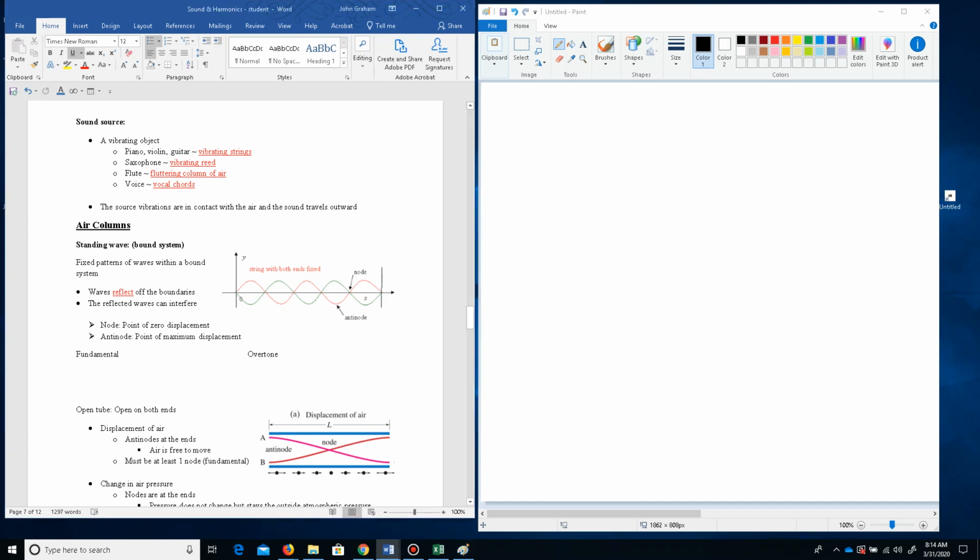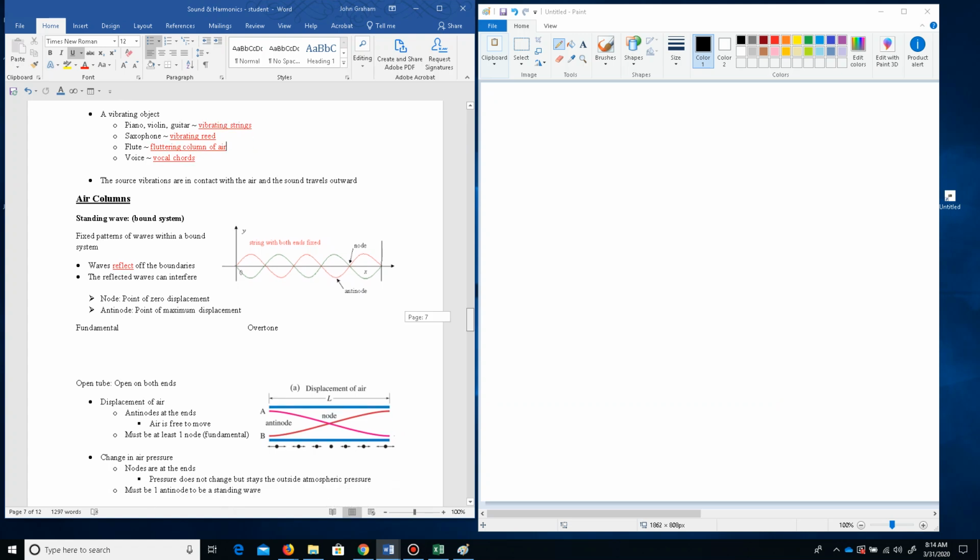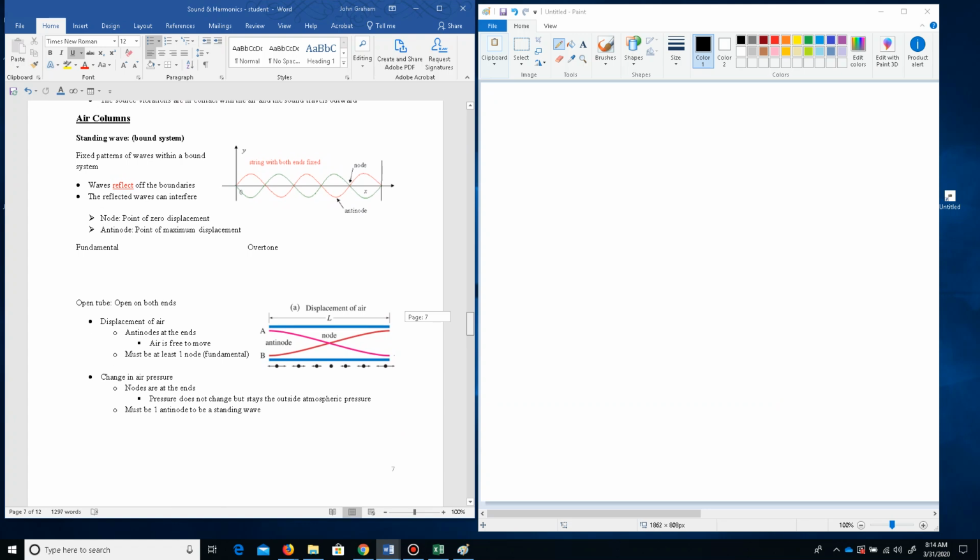When we're looking at air columns, it's very similar to what we saw in simple harmonic motion when dealing with standing waves. In the same way, we have nodes, which are points of zero displacement, and antinodes, which are points of maximum displacement.